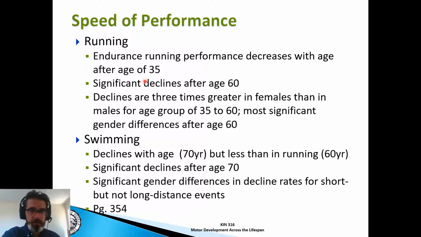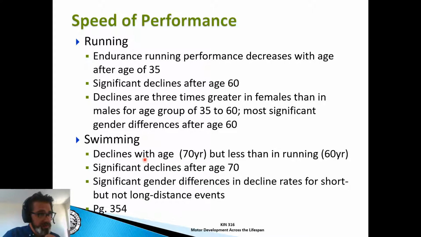But as they get older and older, males actually die earlier than females. So there's an interesting interaction between overall decline and the actual length of life expectancy between both males and females going from adulthood to older adulthood.